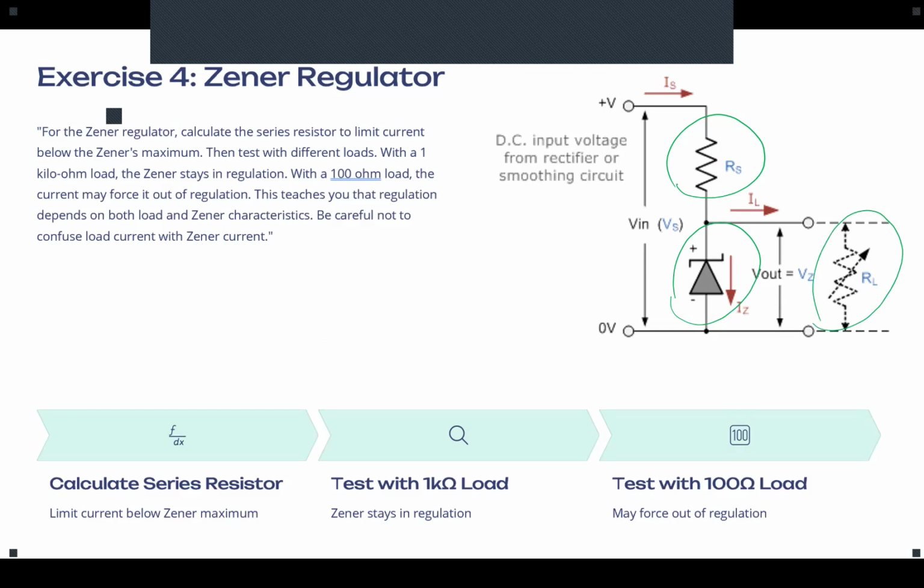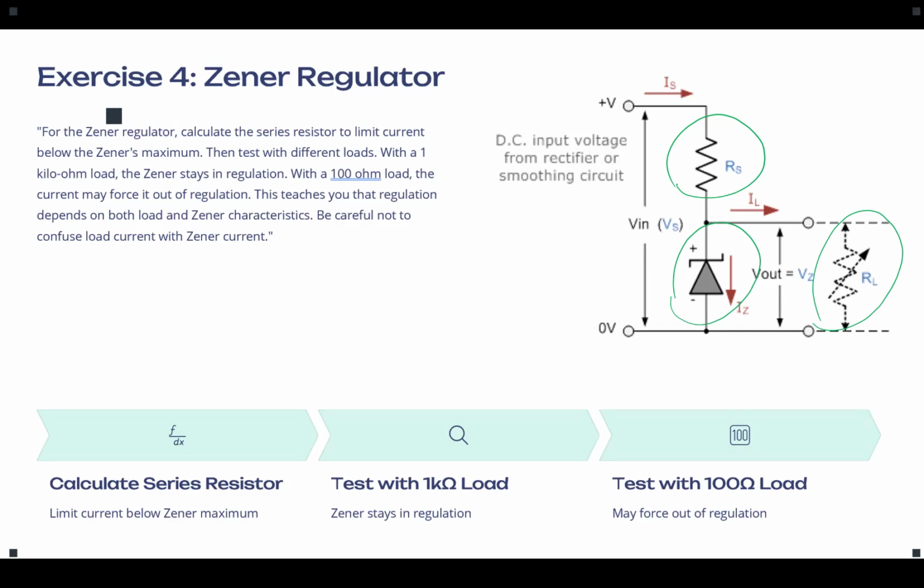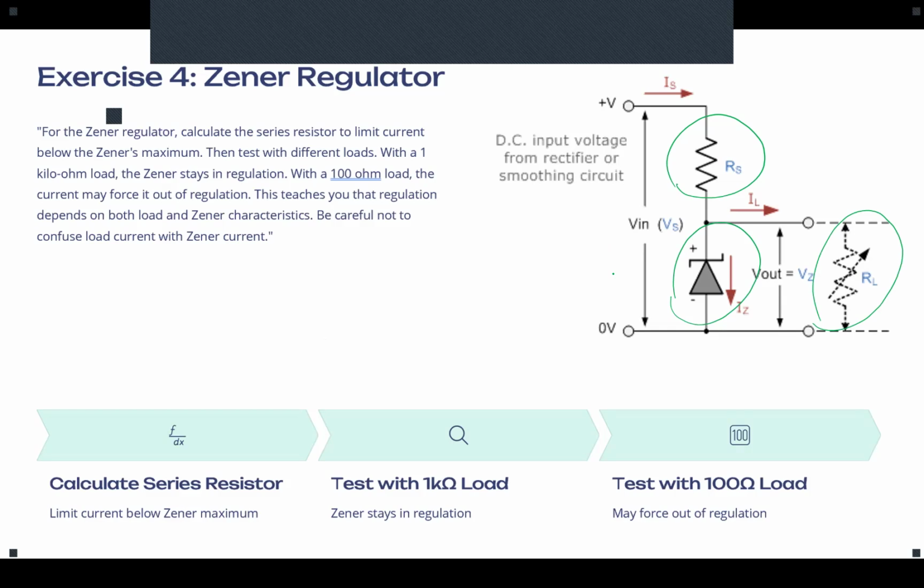By varying the load, you're changing the drained current and seeing how the Zener diode performs at regulating the voltage. In another task, you change your input voltage and see what happens when there is a variation in the source. Is our Zener diode regulating the output voltage or not when there is a variation in input? Are we clear? Any questions?